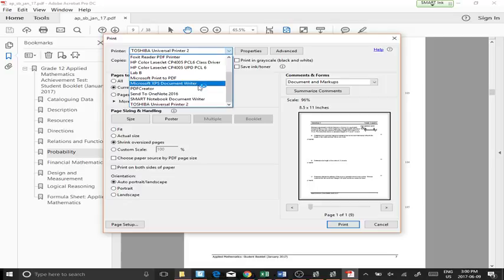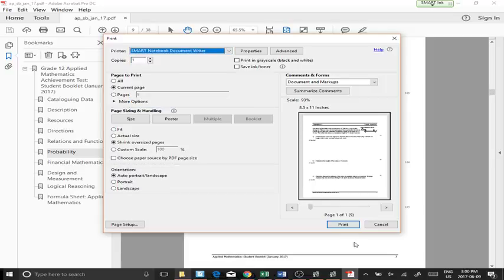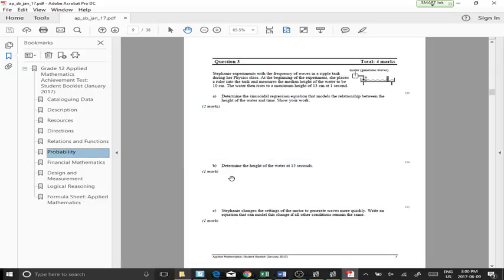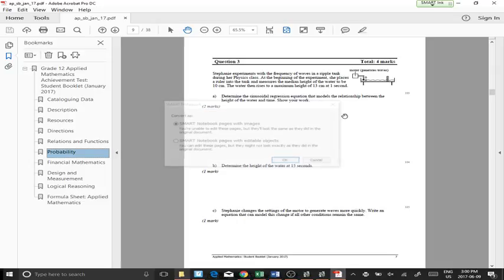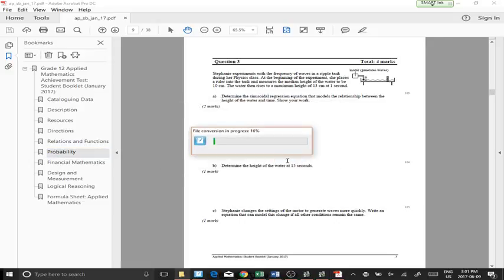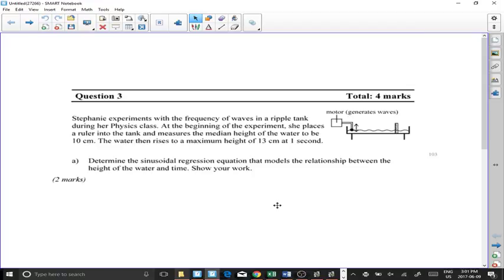What we'll do is I'll throw it up on the smartboard and we'll answer this question. The reason why I want to do a question from an old exam is to give you an idea of what type of questions you should expect when you do the exam. And this is the most recent exam, 2017.